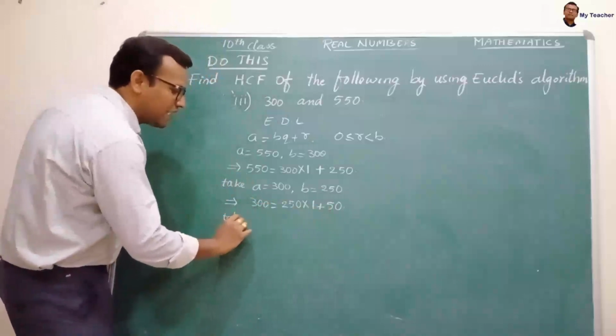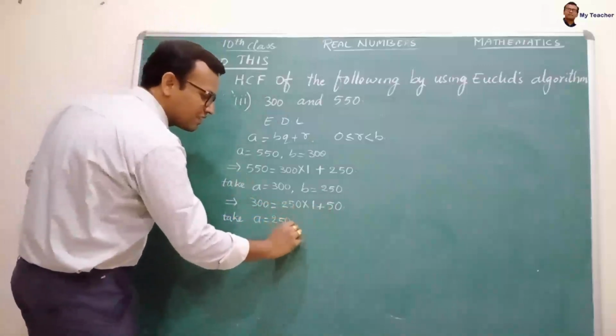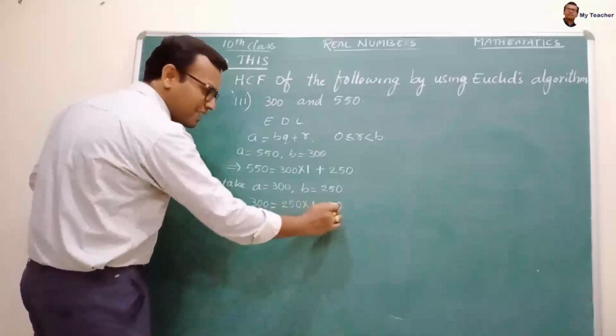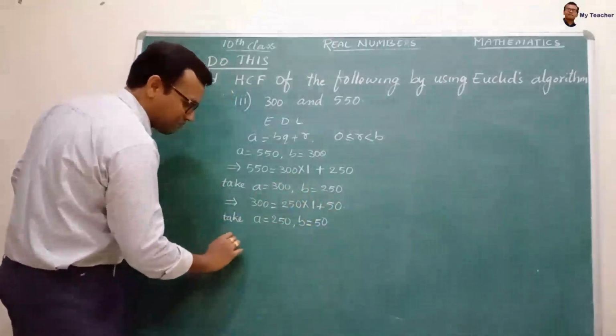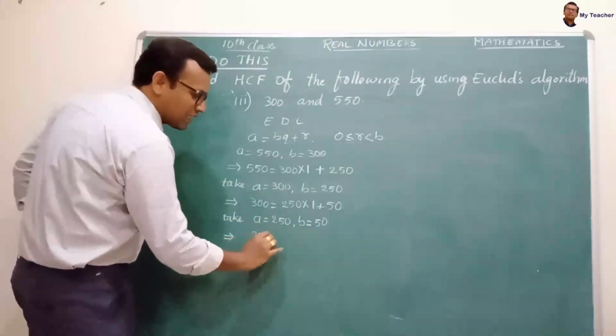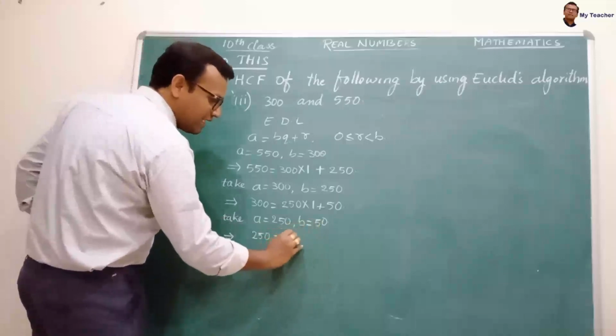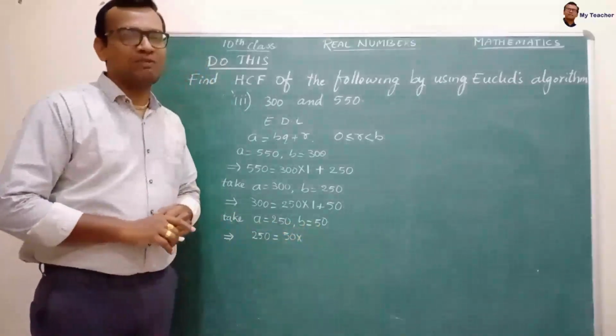Now take A value as 250 and B value as 50. 250 is equal to 50 into, see here, how many 50s are there in 250?